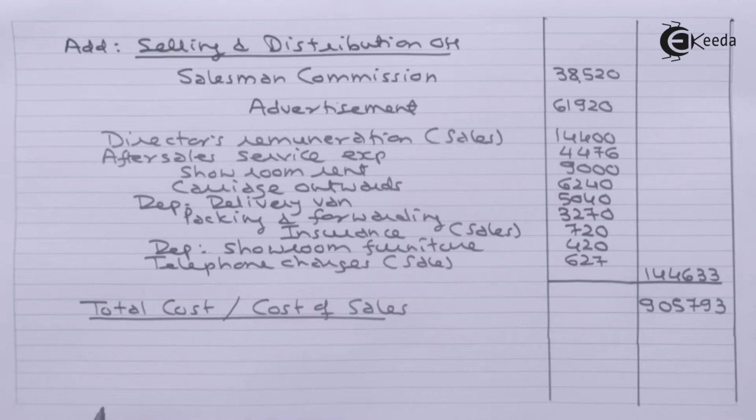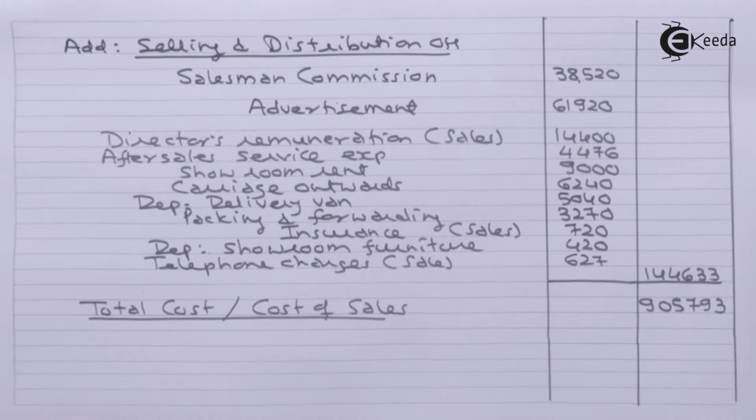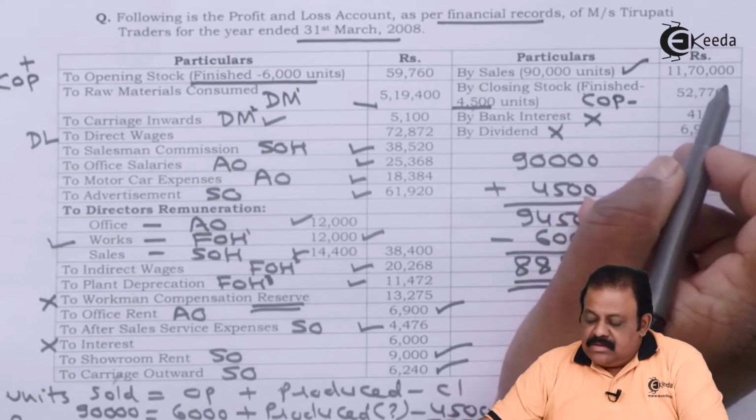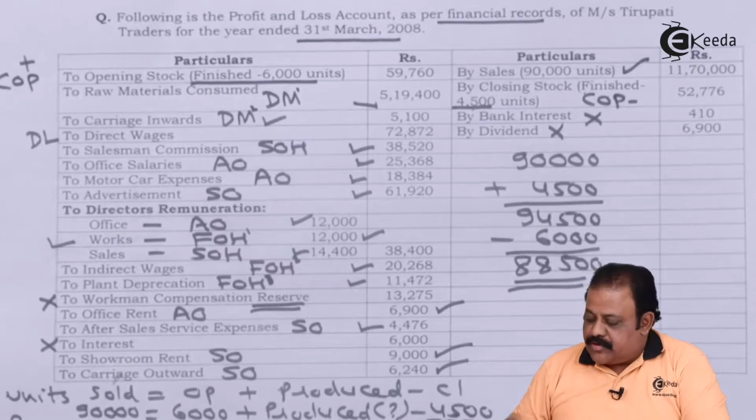So we got total cost of sales 9,05,793. Sales as per financial book is 11,70,000. 11,70,000 will be taken as even sales as per cost book.